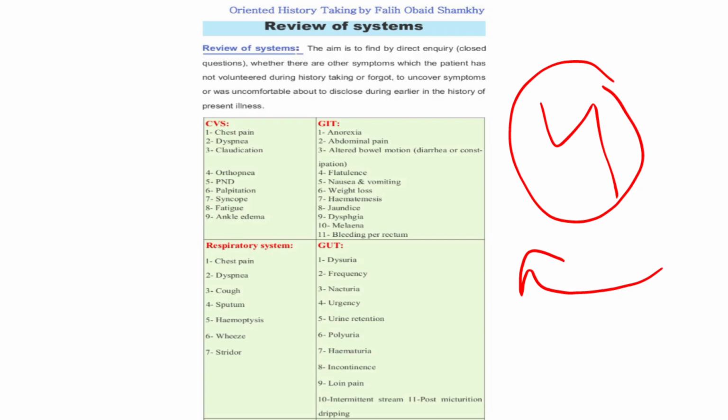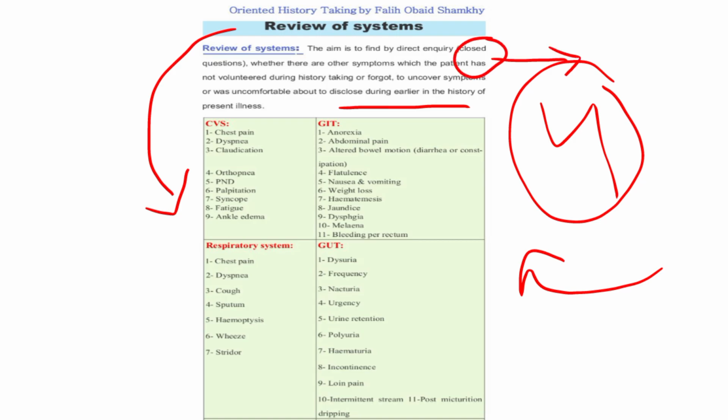Maybe the patient may forget to tell you some complaints, or was uncomfortable about disclosing them. You can go through the review of systems and rule out the things patients don't tell or forget to tell. Closed questions are those answered with yes or no.